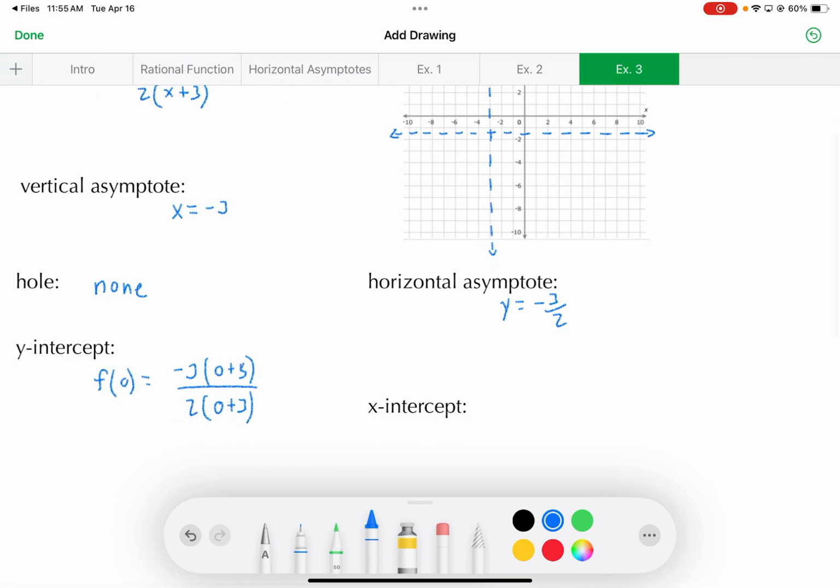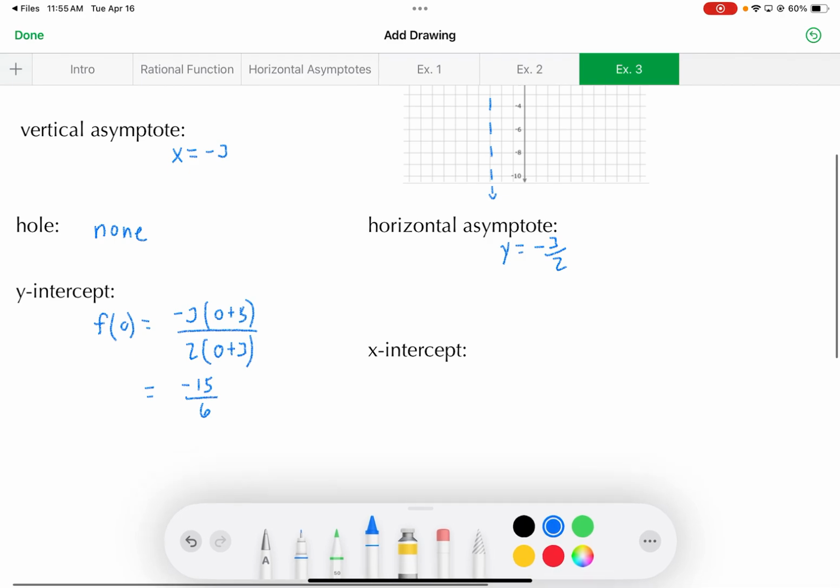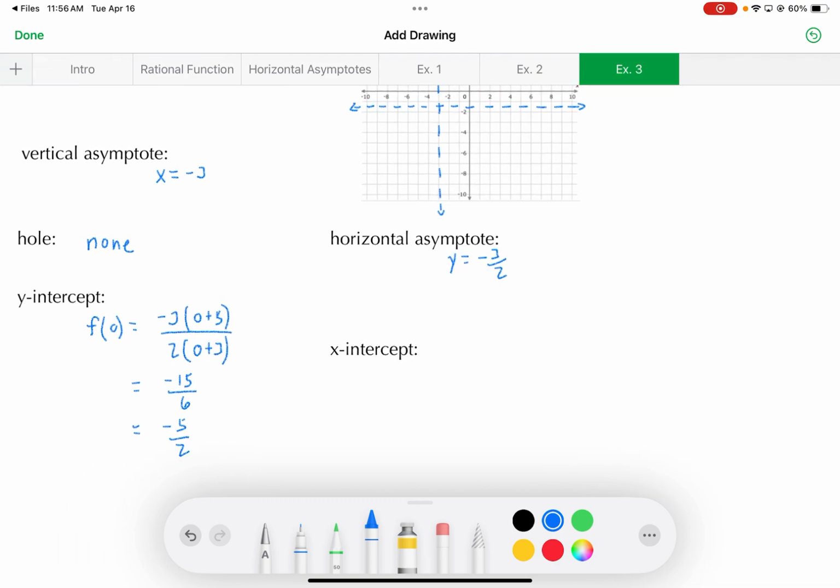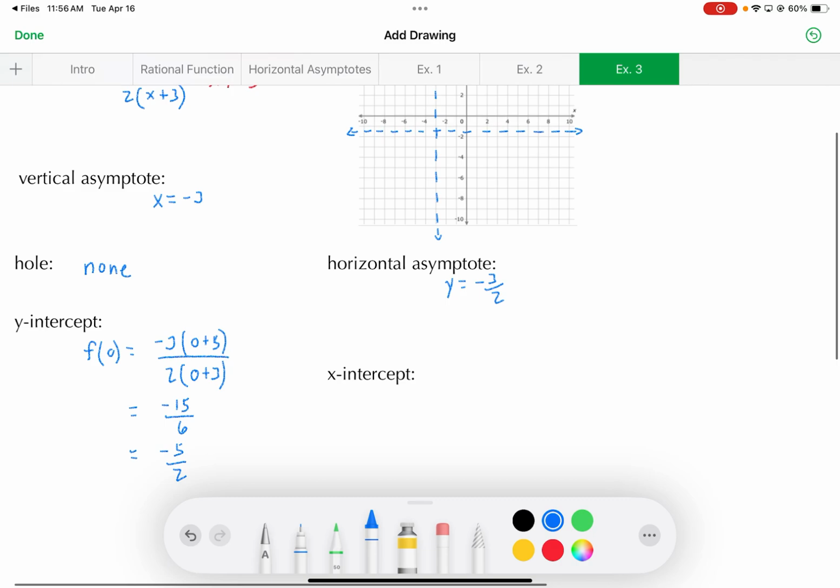So that's going to give me -15 over 6, which reduces down to -5 over 2, or -2.5. So plot a point on the y-axis there.